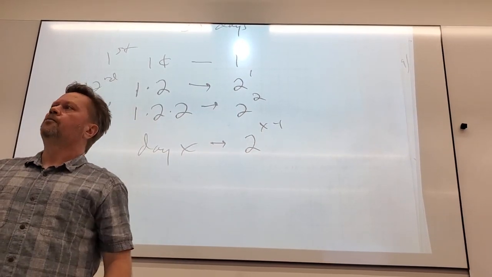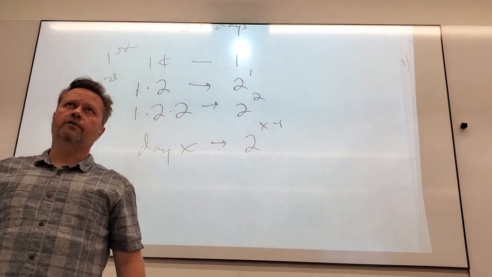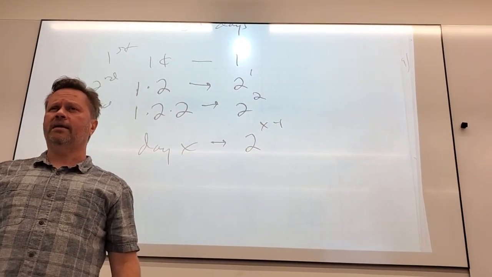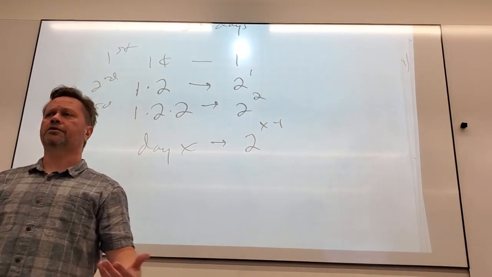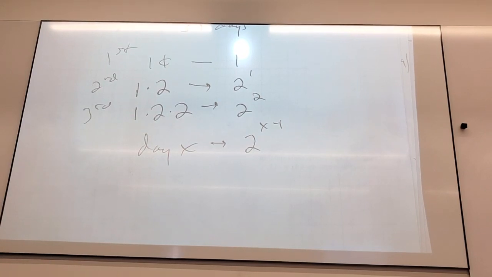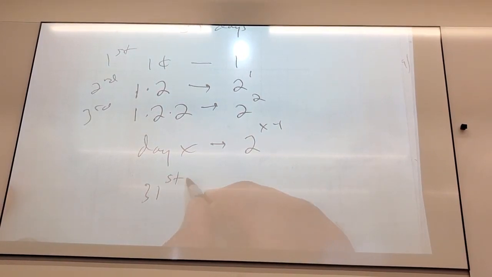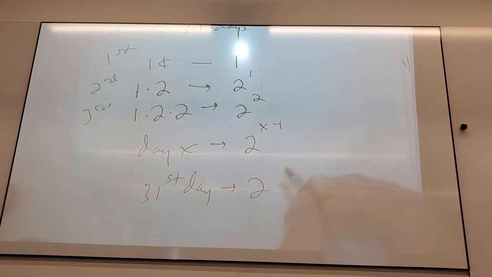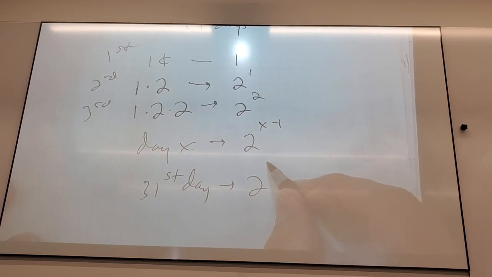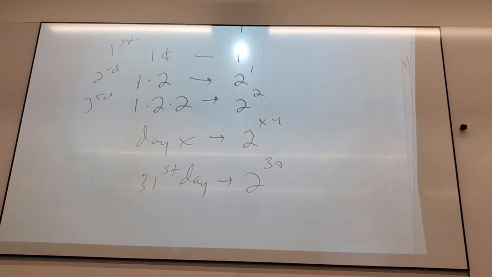It's okay. What would you have to do to figure out how many pennies I'm going to give you on the 31st day? Two to that. Yeah, so 30. Try to do 2 to the 30th if you have your calculator.